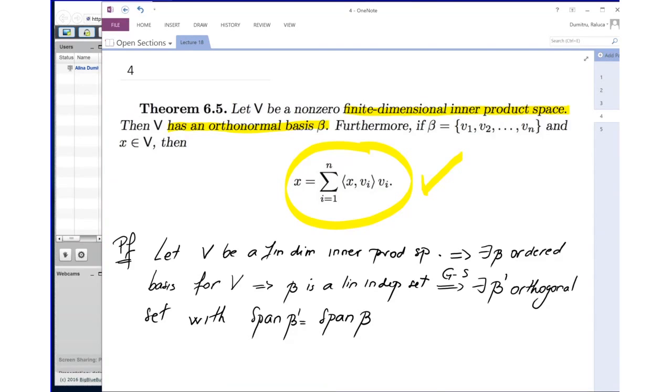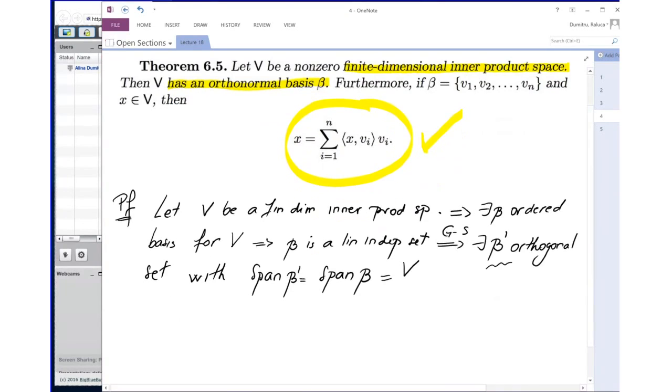So the span of beta is the entire space. Okay, but then beta prime is orthogonal and generating. Being orthogonal, it means it's linearly independent, right? So it's linearly independent and generating, so it forms a basis for V, which is an orthogonal basis.